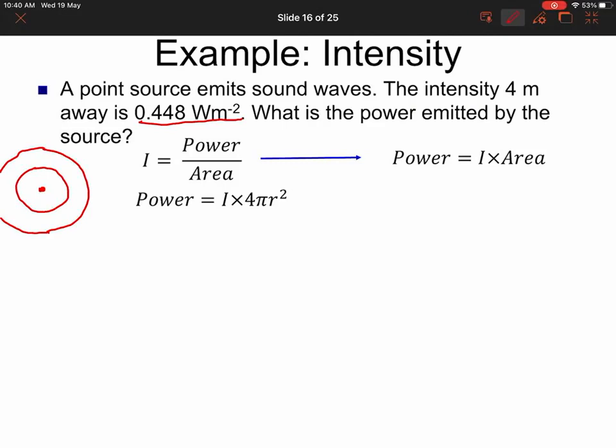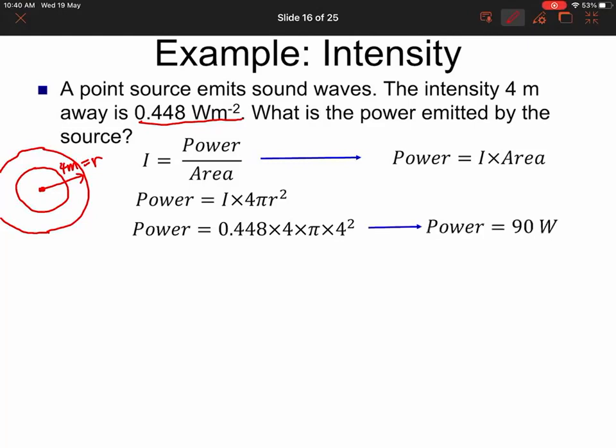So if you're trying to find the intensity 4 meters away, then 4 meters will be the radius of the sphere. So then you have intensity 0.448 times 4 times pi times the radius 4 squared. Gives you 90 watts for the power.